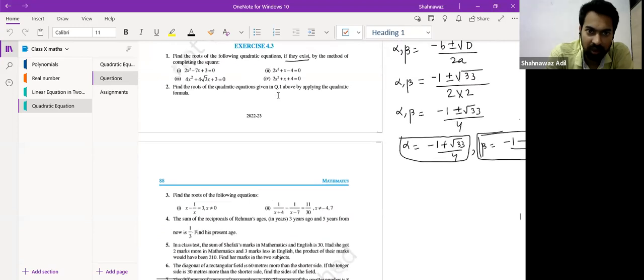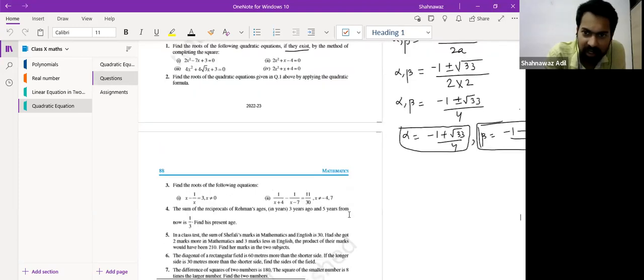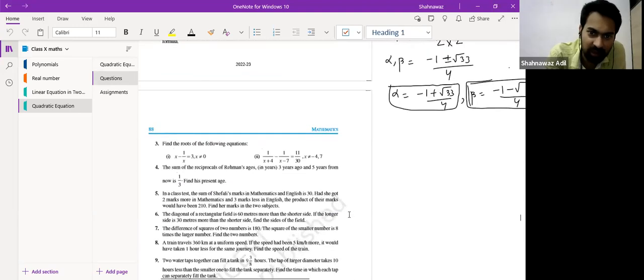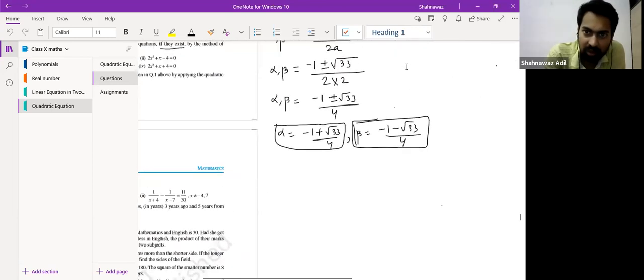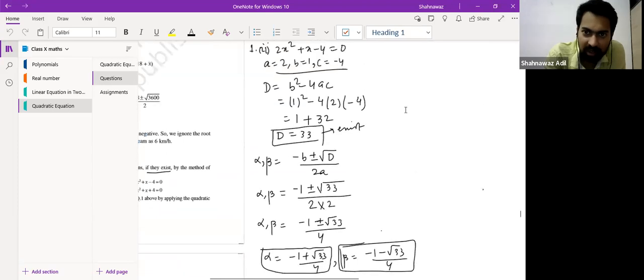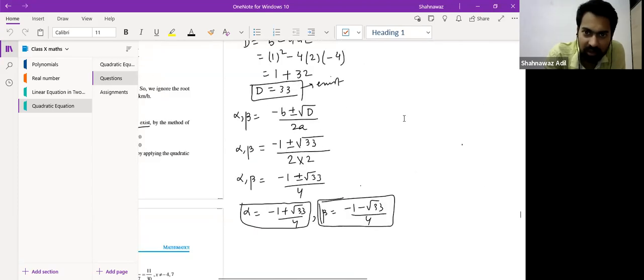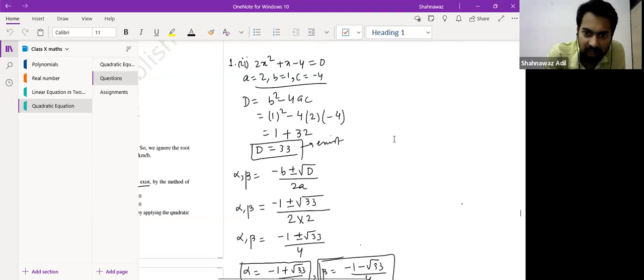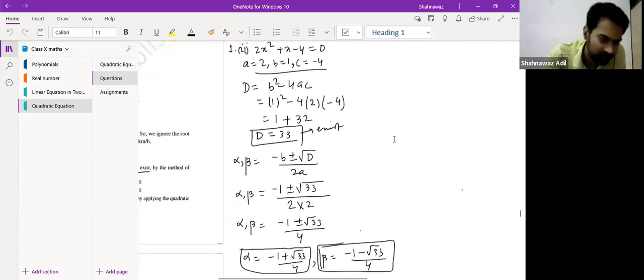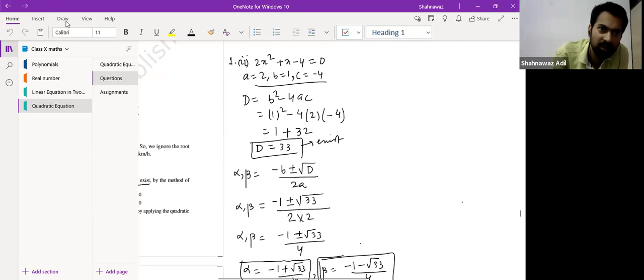First one. Okay, so the second question we did, right? Yes. So before we go into the next set of questions, did they do this 4.3 exercise in your school? Yes, sir. I heard that completing the square is not in your syllabus. Did they teach you the completing the square method?